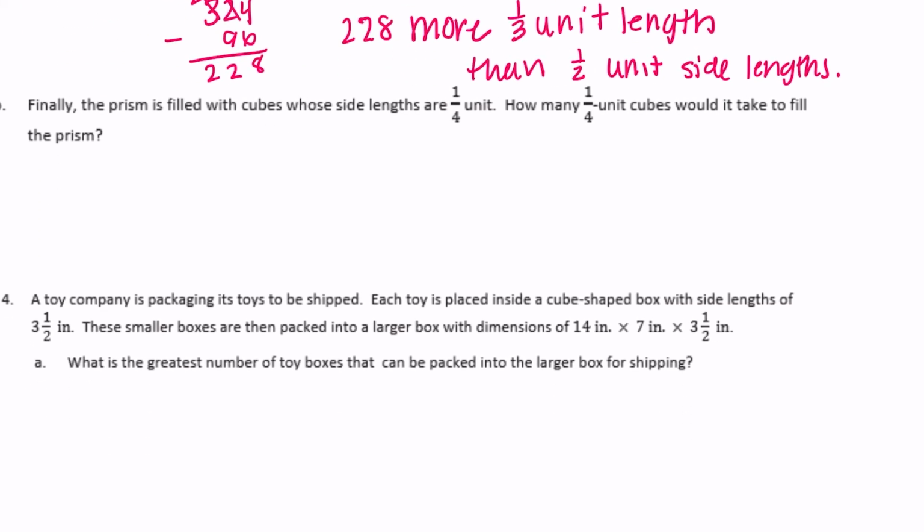B. Finally, the prism is filled with cubes whose side lengths are a 1/4 unit. How many 1/4 unit cubes would it take to fill the prism? Okay, so 1/4 unit now. So 1 times 1 times 1 is 1. 4 times 4 is 16. Times 4 is 64. So each one is going to take up 1/64th space, which means we can fit 64 cubes inside.